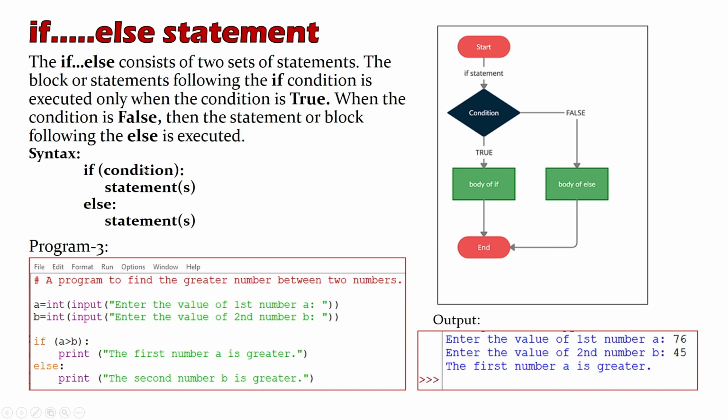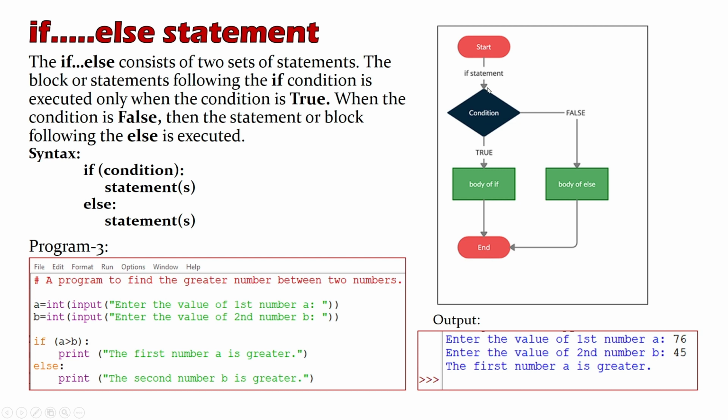So if this condition is true, then these statements will be executed, and if this is false, the else part will be executed. When the condition is false, then the statements or block following the else is executed. See the syntax. If condition, then the statements, means if this is true, these will be executed, and else these statements will be executed.